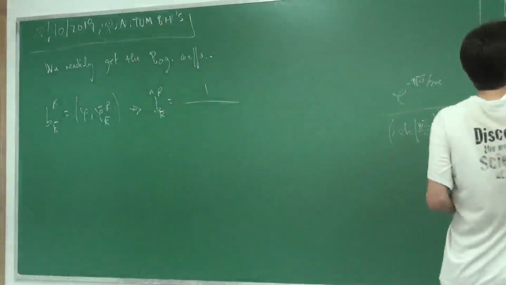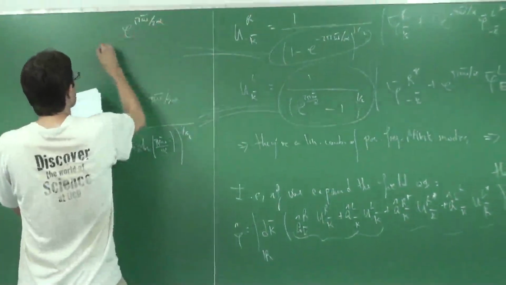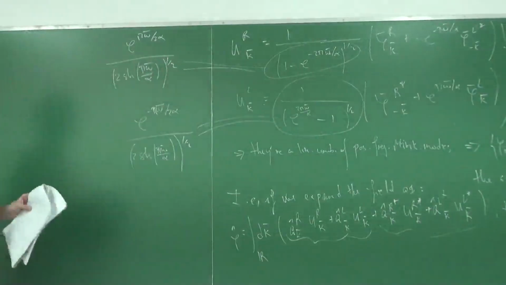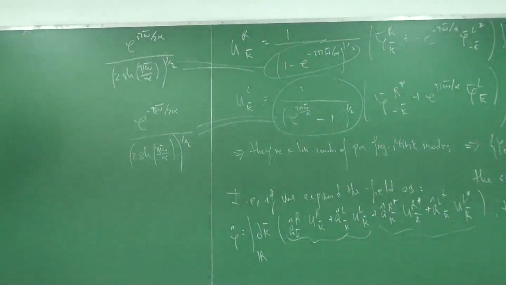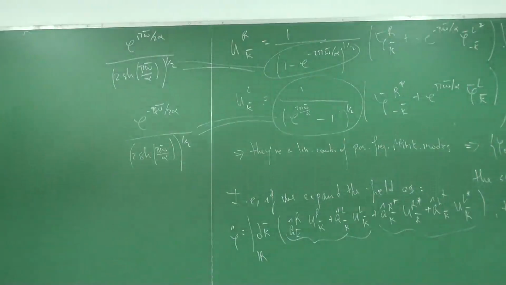And this here can be written like this. Okay, so now we want the inner product of phi and phi bar R.